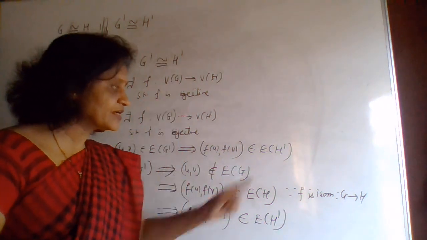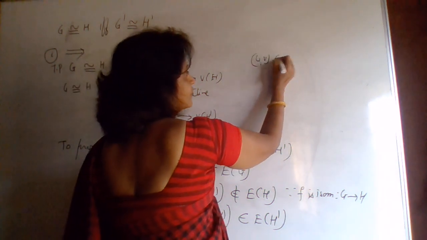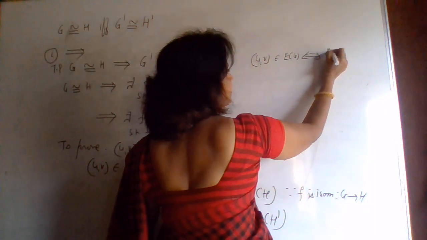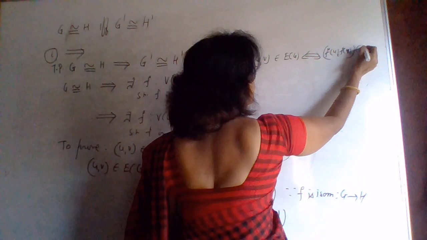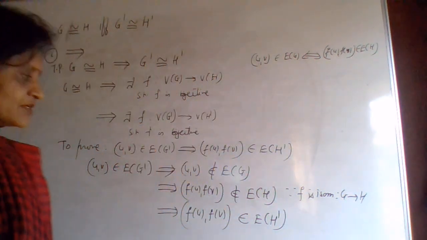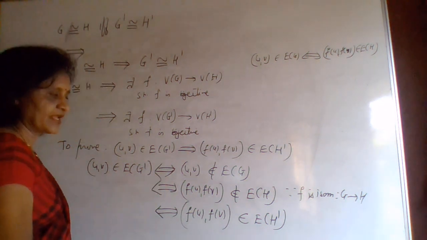But to prove isomorphism, the condition is if and only if: UV belongs to E of G implies and is implied by FUFV belongs to E of H. It is both ways. So for the reverse way, you can just cross-check these steps.